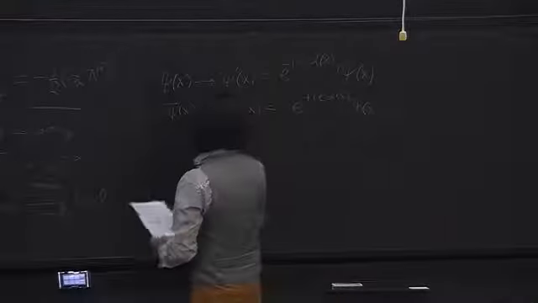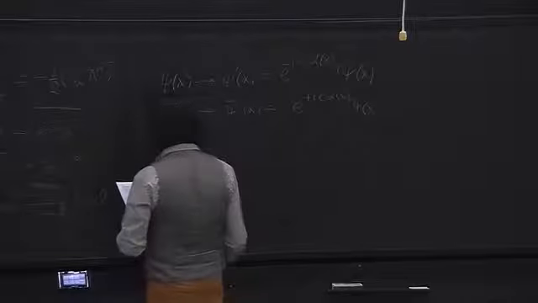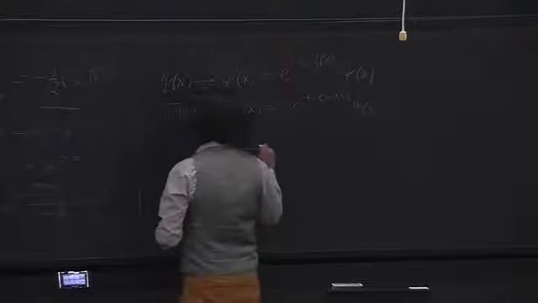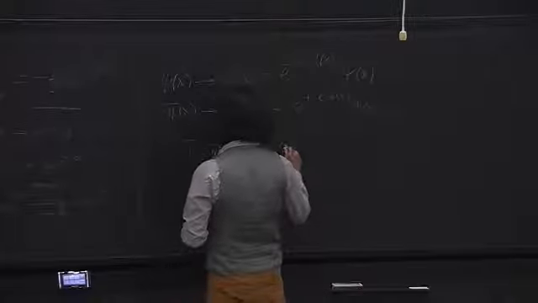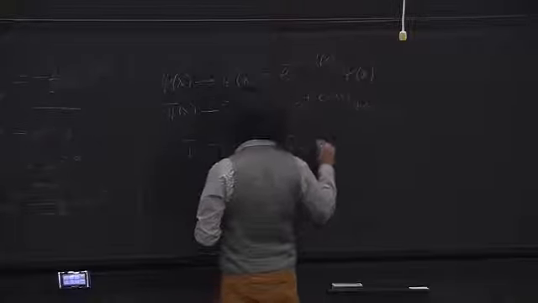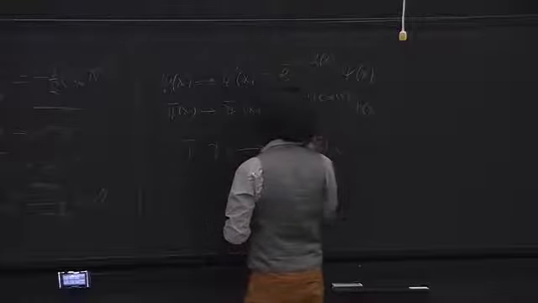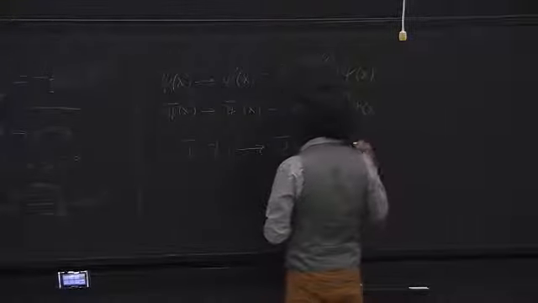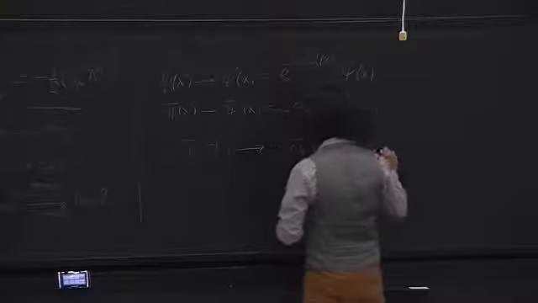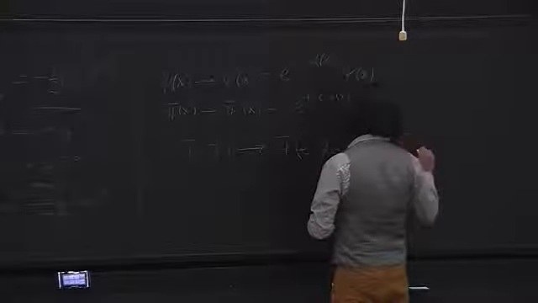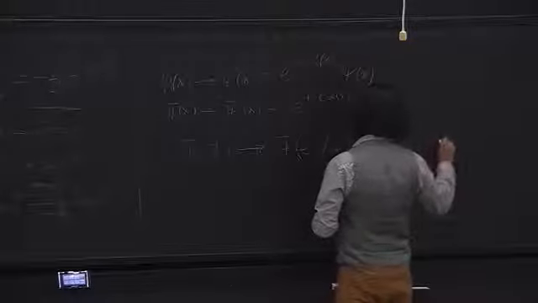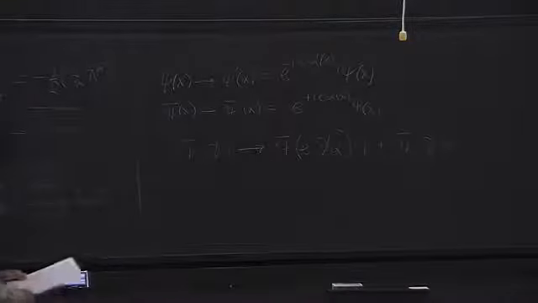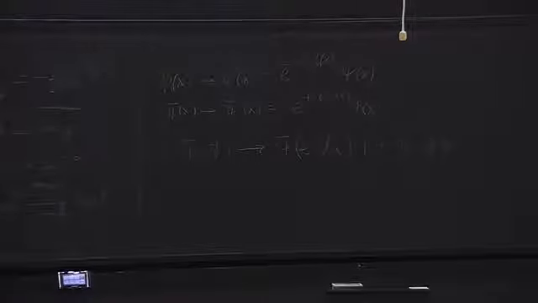So the derivative term in our Lagrangian picks up a new contribution, which is the derivative of this alpha function, and the other term as before.